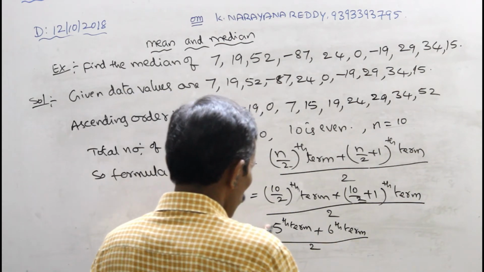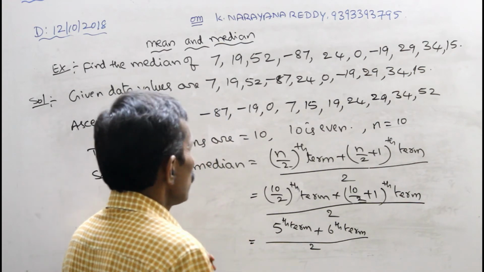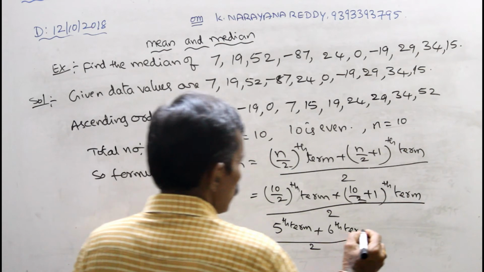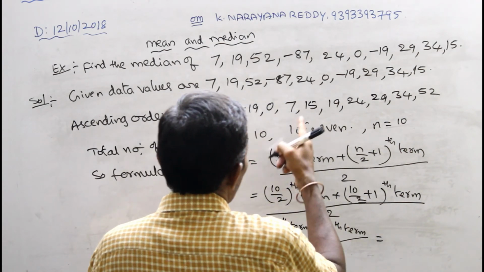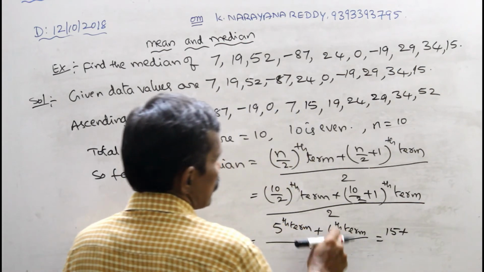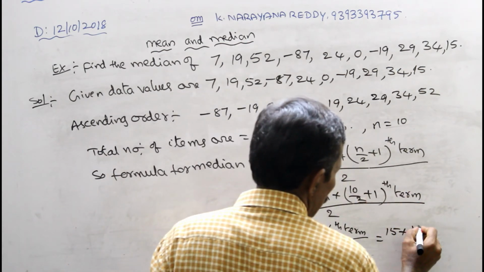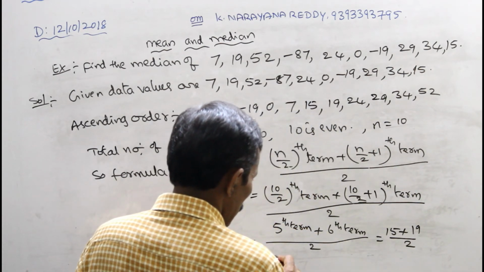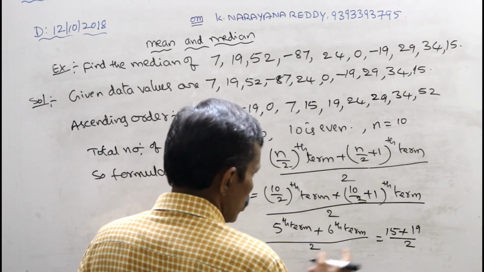So what is the 5th term? 1, 2, 3, 4, 5. The 5th term is 15, plus the 6th term 19, divided by 2. That is 34 by 2.